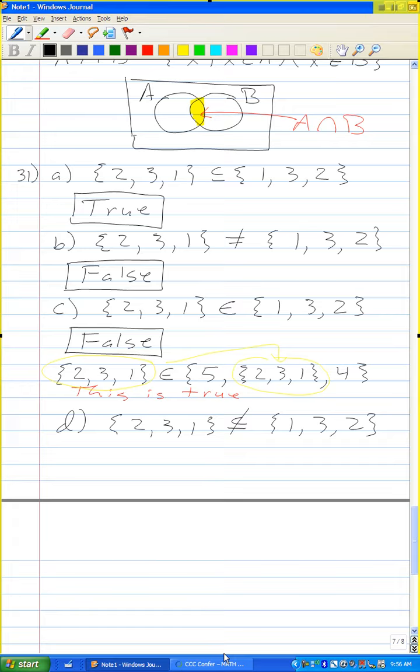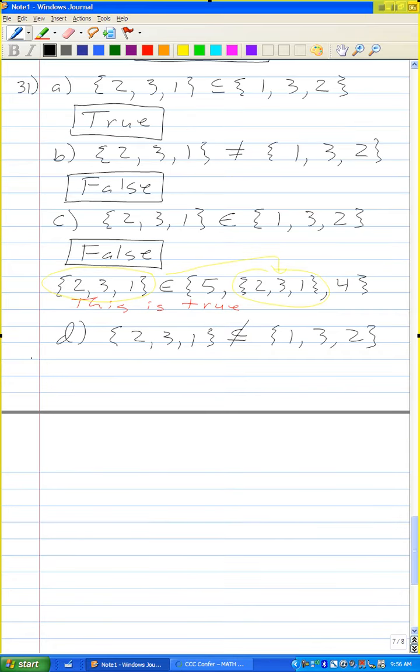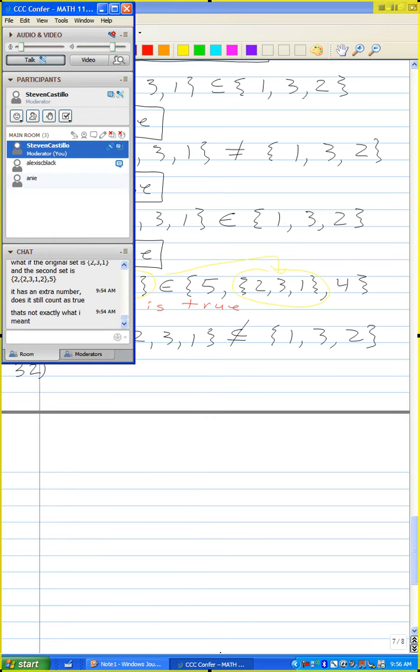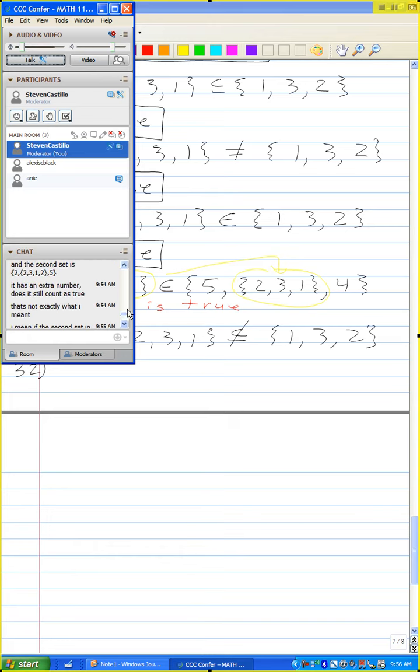Let me do problem 32. Yes, that's correct. That's what I was trying to say. So, not necessarily the same number.